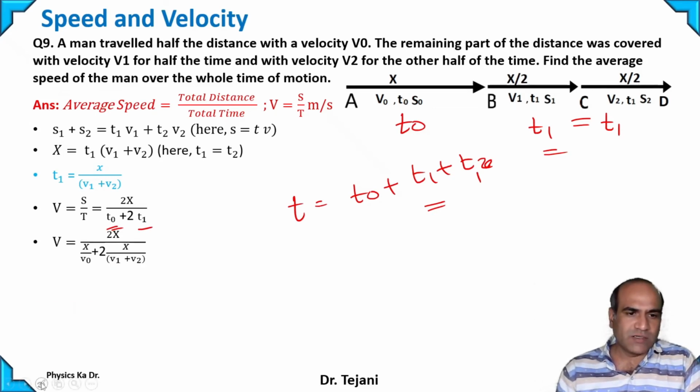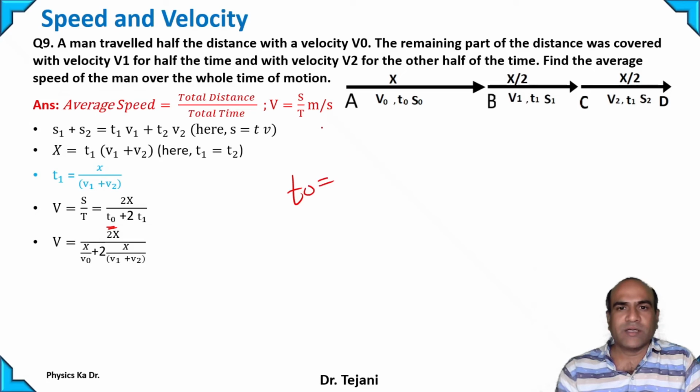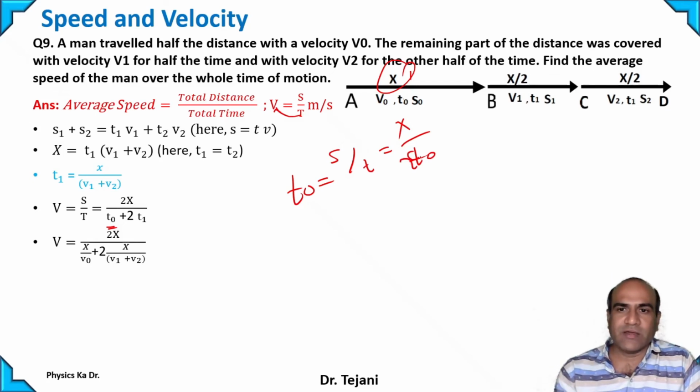Now just resolve this. If you want to have the t0 time, so what does it become here, from s divided by time. For this short distance x, it is x over t0, right? So the velocity is v0.